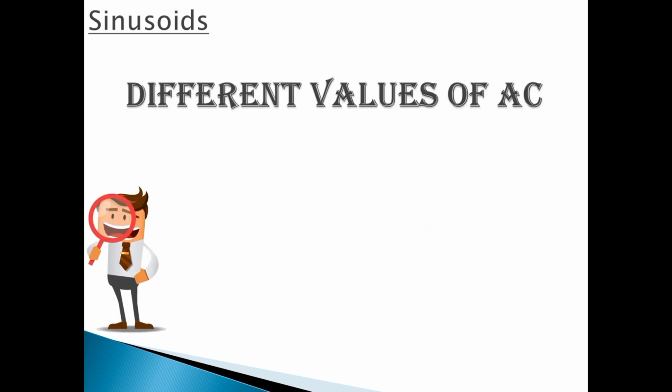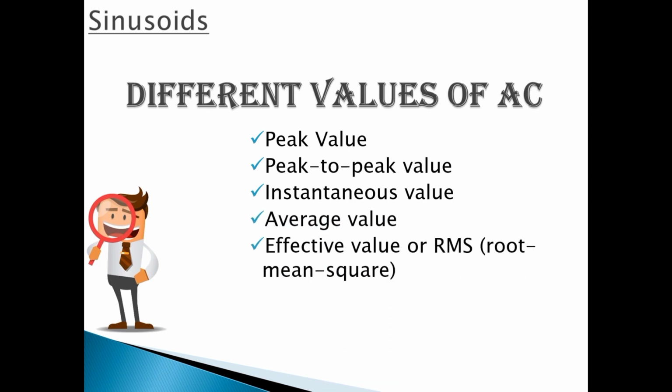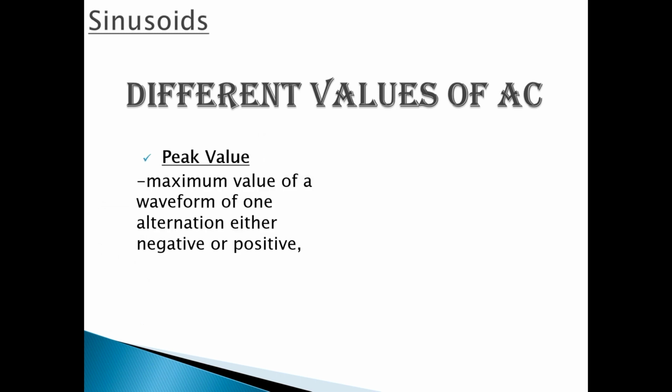Now we have different values of AC: peak value, peak-to-peak value, instantaneous value, average value, and effective value, or the RMS, root mean square. Let's start with the peak value. Peak value is the maximum value of a waveform in one alternation, either negative or positive.